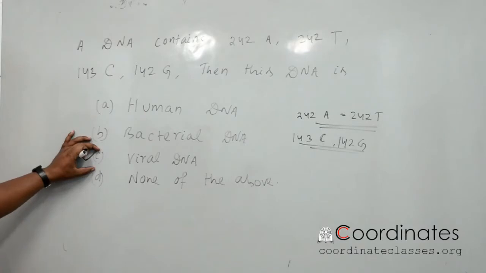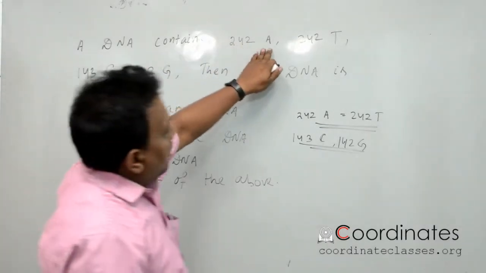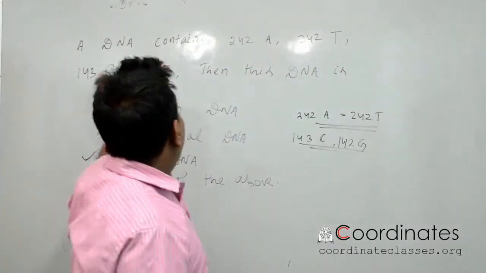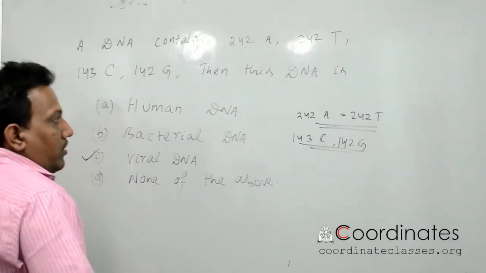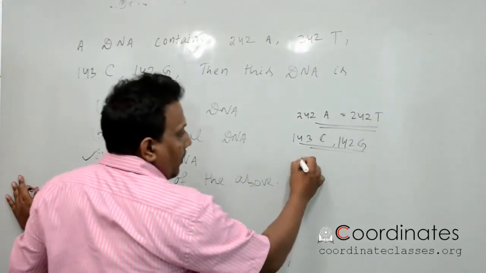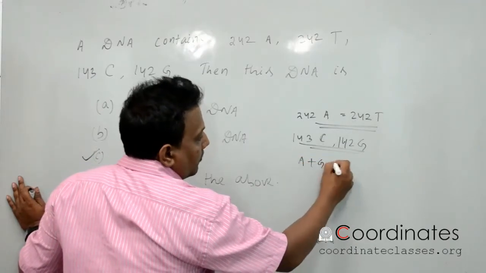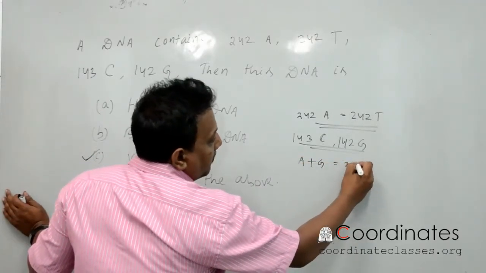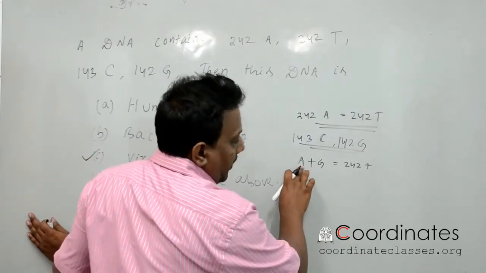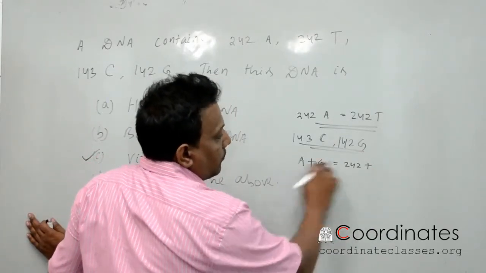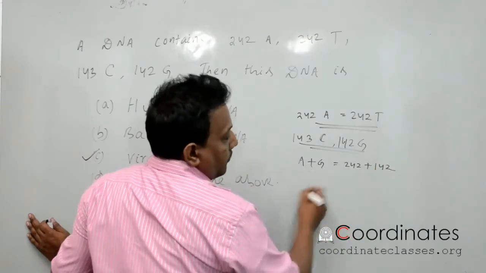Now you may think that here adenine is equal to thymine, guanine is not equal to cytosine, so why would it be double stranded? Because according to Chargaff's rule, the total number of purines must equal the total number of pyrimidines in a double stranded structure. Here adenine is 242, but guanine is 142.